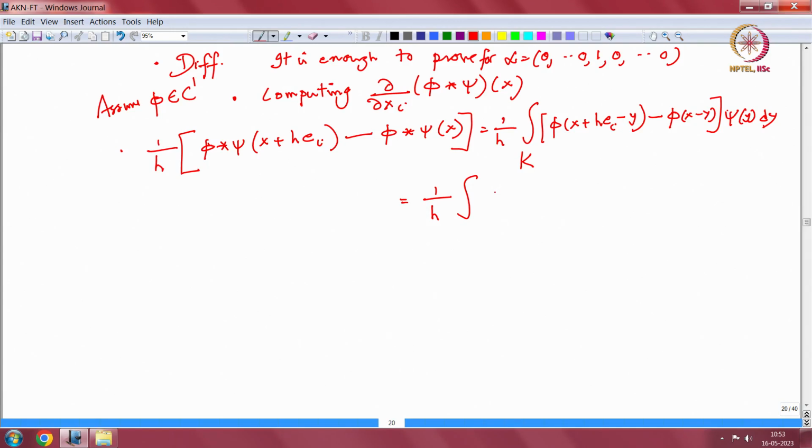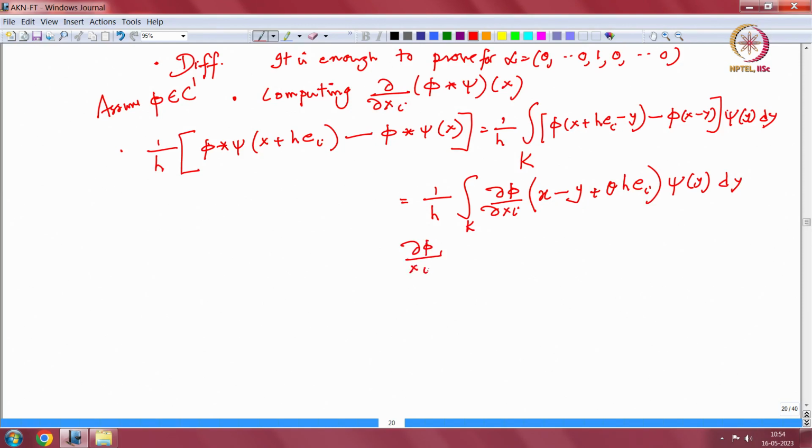So, this will be nothing but your d phi by dxi, okay. So, make things clear at any point. If you are not clear, you have x minus y minus theta h e_i, into psi of y here.